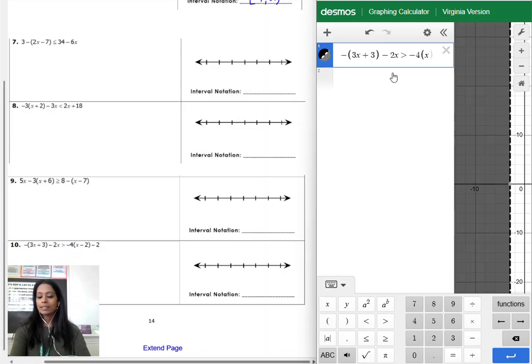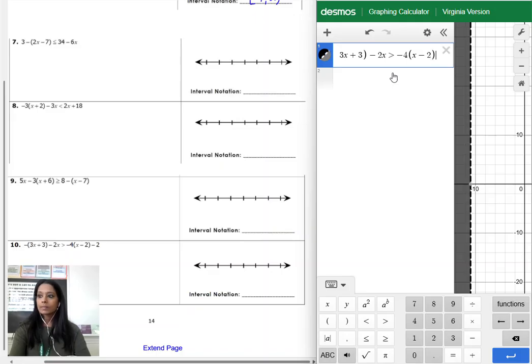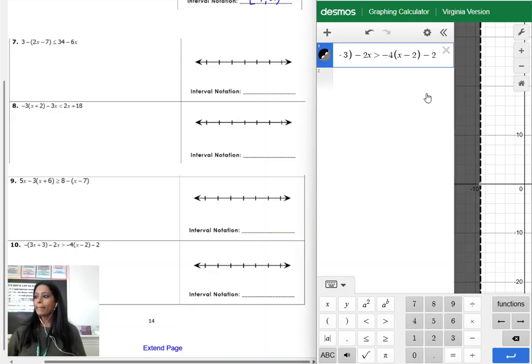What am I typing? So it looks like, just make sure that you did everything right. Negative 3 parentheses 3x plus 3 minus 2 is greater than negative 4, x minus 2 minus 2. Negative 9.